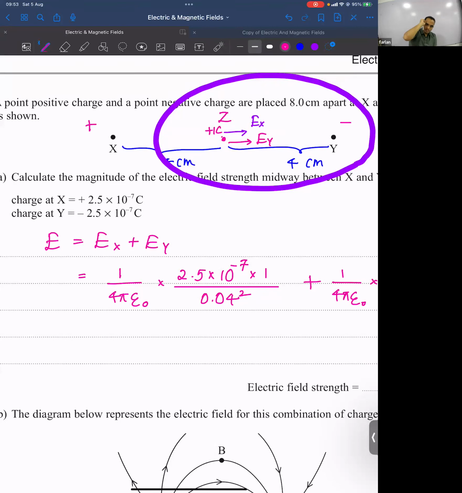So I have imagined a plus 1 coulomb at Z and use the same equation, which is 1/4 pi epsilon naught, charge of X is 2.5 into 10 to the power minus 7, the charge at Z is 1, over the distance 0.04 square. So that will tell you what is the force acting at point Z when you keep a plus 1 coulomb charge due to the charge X.